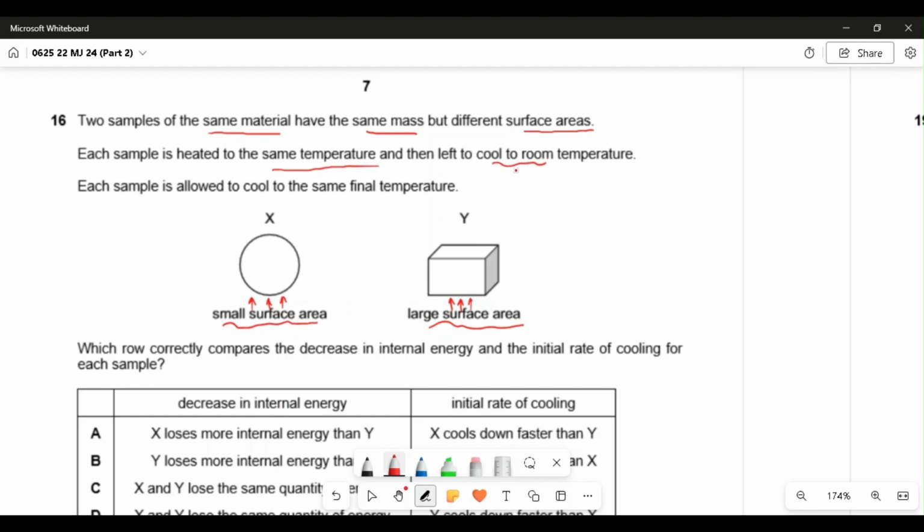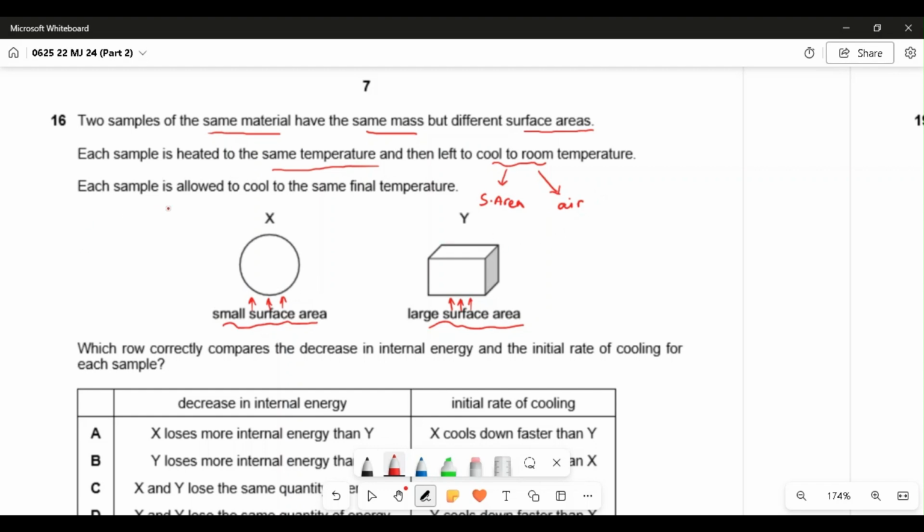For the cooling, we know that there are a few factors that affect it. Number one, surface area is very important. More surface area will cool quicker. Secondly, air and some other factors: if the wind is blowing more, it can cool easily, or if the surrounding is gaining more, it cools easily.